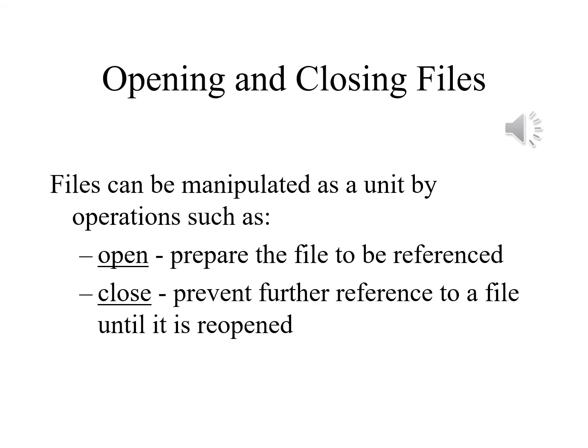A file cannot be used without opening it. Opening it usually means initializing the data structures used by the operating system to find the file, keeping track of what is being read, and of other important system data.